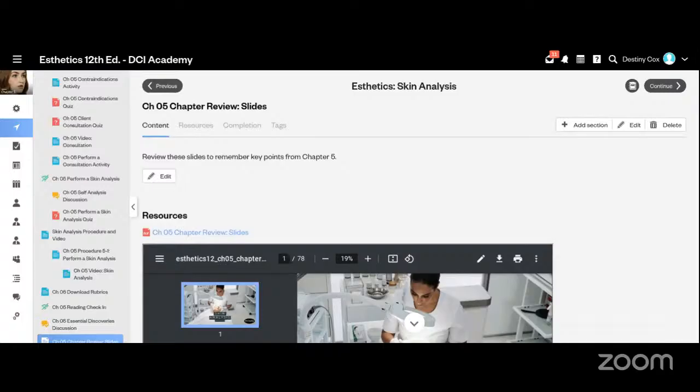Remember, analysis is using our eyes and consultation is using our words. These two got to mesh together. And so we need to properly make sure that we use our eyes and use our words before we determine what service they are going to get. So even though we know they want something, we got to have that observation that'll determine if they can even get that service.